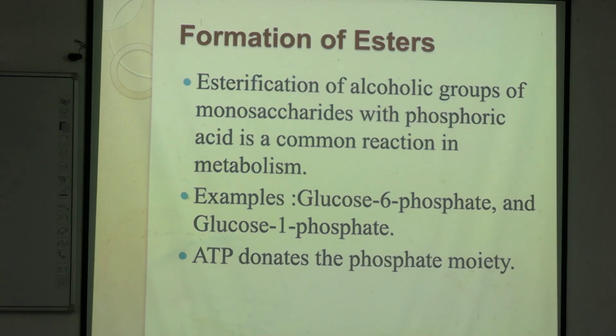Next is formation of esters. Okay, so what are the esters that can be formed? Acid plus alcohol is normal, but in case of glucose, the major esters are phosphate esters. Okay, what are the common examples? Glucose 6-phosphate, glucose 1-phosphate, and where does the phosphate come from? From ATP.